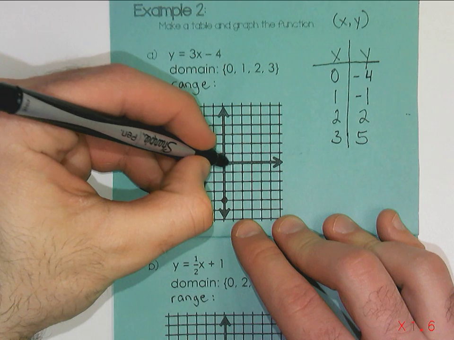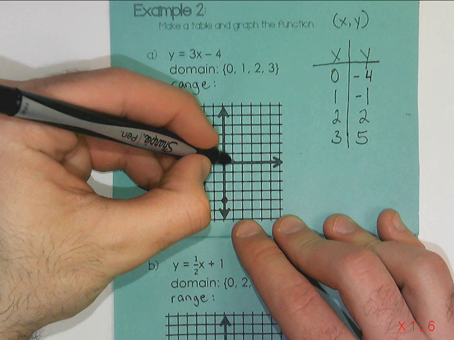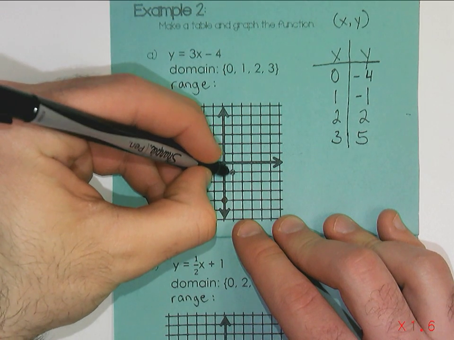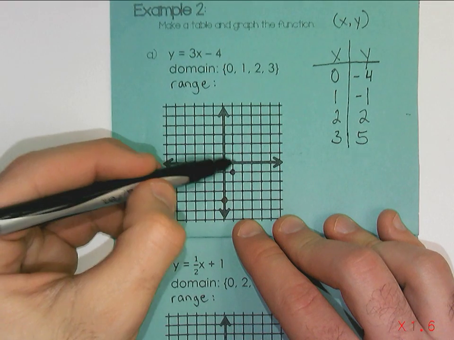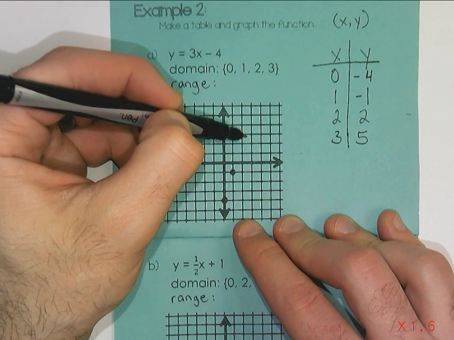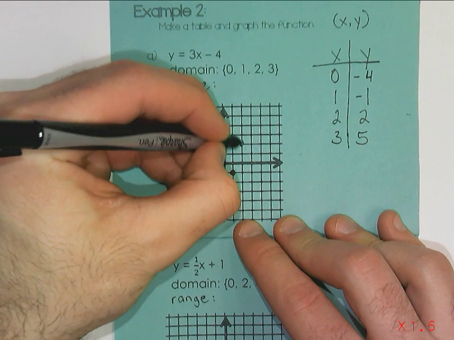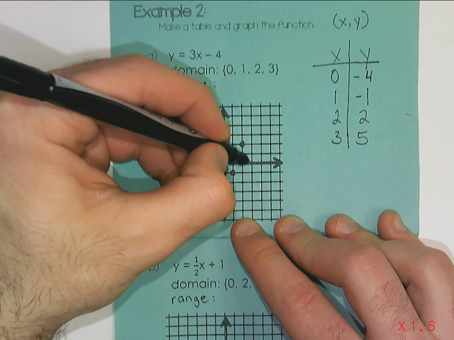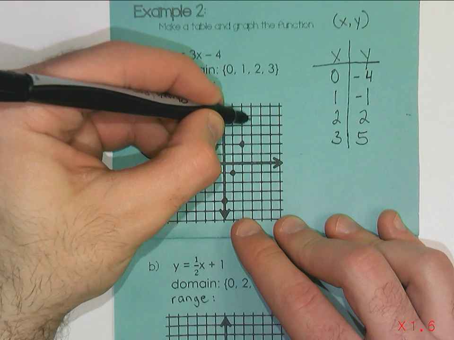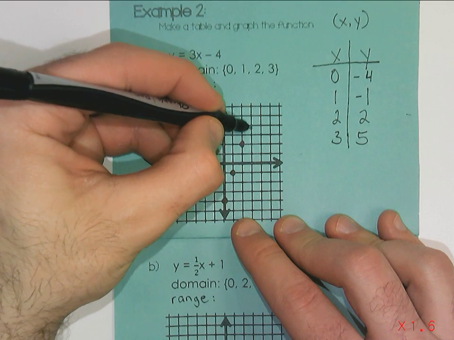My next one would be 1, so I'm moving 1 to the right on here, and I'm going down 1, plotting that point. 2, 2 would be going 2 to the right, and then up 2. And then 3, 5, I'd go over 3 and up 5. So it should be 1, 2, 3, 4, 5 here.